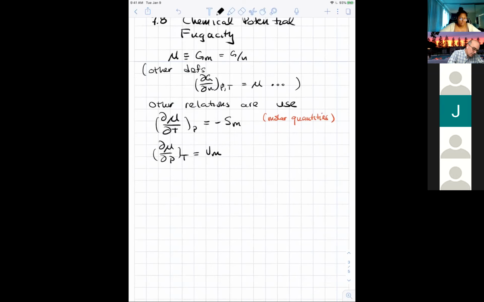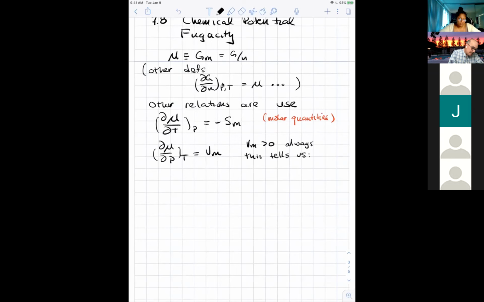So let's look at the second one. Molar volume is always greater than 0. This is a physical requirement. The molar volume cannot be less than 0, so it's always positive definite.